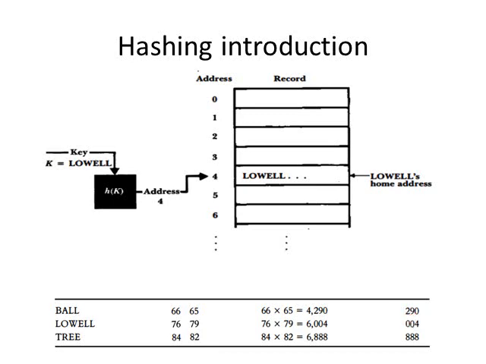So my algorithm is: select the key, select the first two characters of the key, take their ASCII values and multiply both values. You will get a result. Take that result, and its last three digits will be considered as the home address of that particular key. Now you are going to save Ball in the 290th position. You are going to save Lowell in the 004 position. Like that you are going to save the key at its home address.